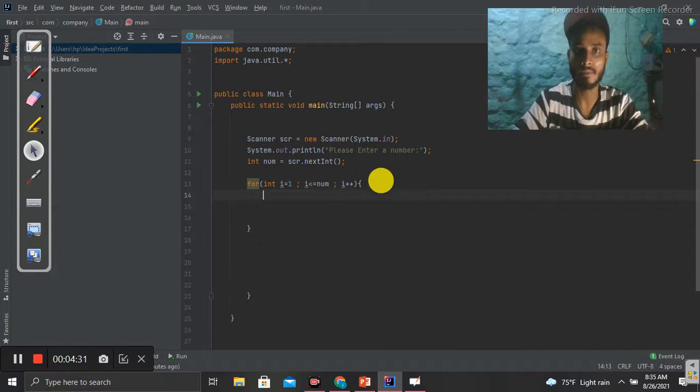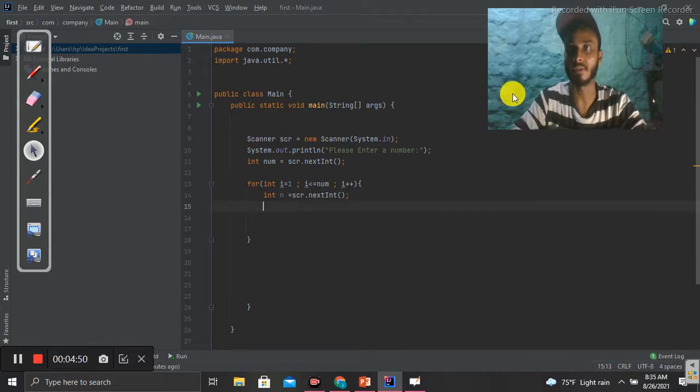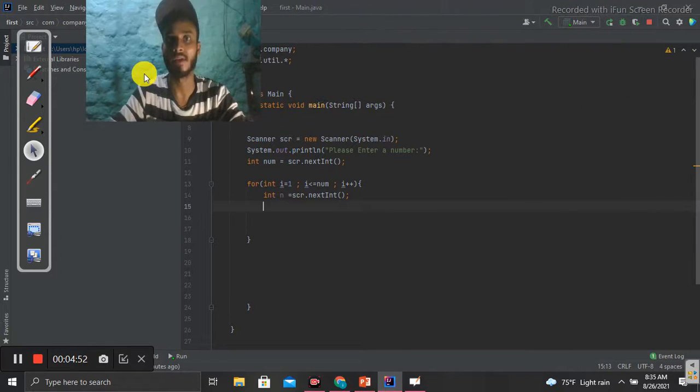Also scan int n, the number given by the user, using our scanner class, scr.nextInt. This is our first logic. I try to run it first and then I will show you.